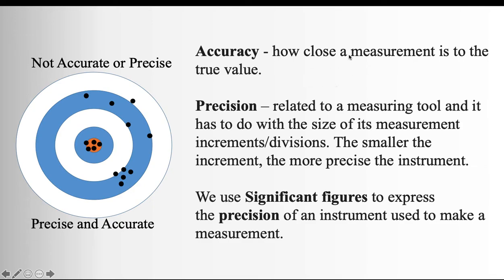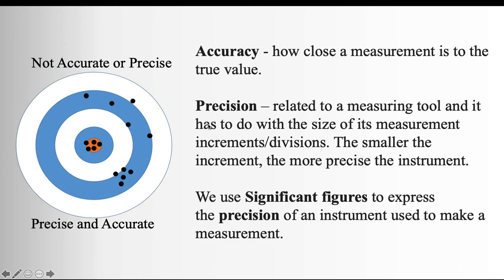And when I'm measuring, let's say 1 milliliter in a 10 milliliter cylinder versus the 1 liter cylinder, the 10 milliliter is a better instrument to measure that small of an amount than 1 liter. That's because my divisions are better and I have a more precise instrument.